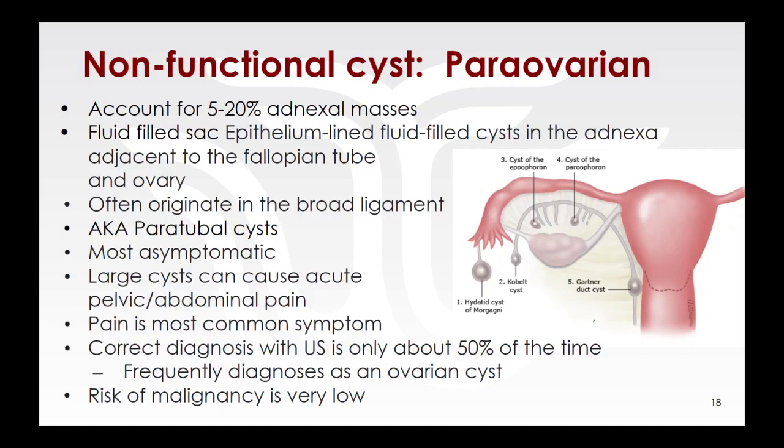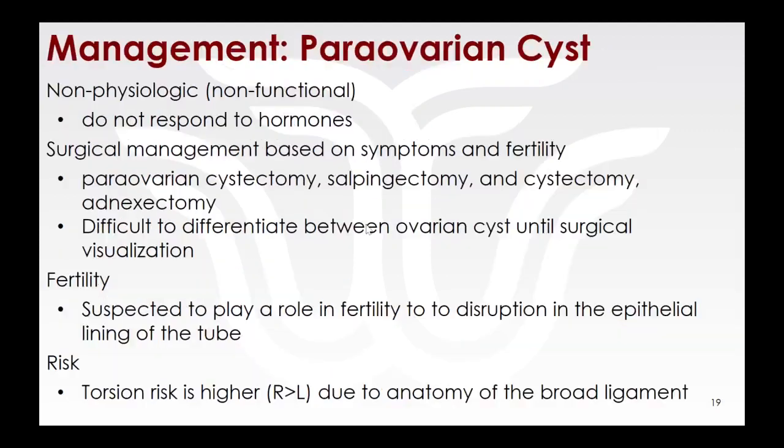Most of them are asymptomatic. If they are symptomatic, they are painful. They're frequently diagnosed as an ovarian cyst just because of their location and proximity to the ovary, but they typically just go away on their own.